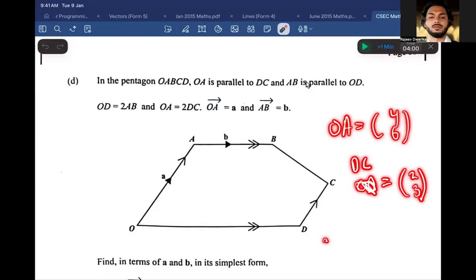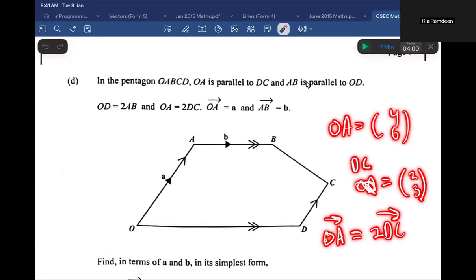So in other words, I could write this, Ria. I could say that OA is just 2 times AC. Once you can pass a statement like that in the exam, it means that those two vectors are parallel, one just bigger than the other one. I put 2 in front because if I want to get 4, 6, then I have to multiply this by 2.